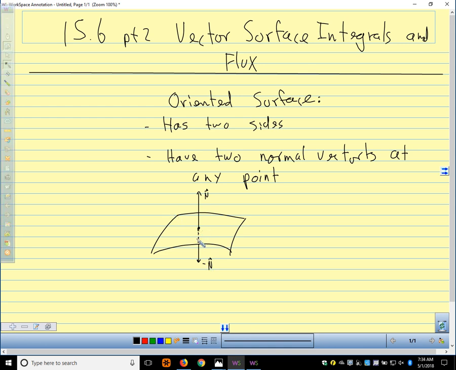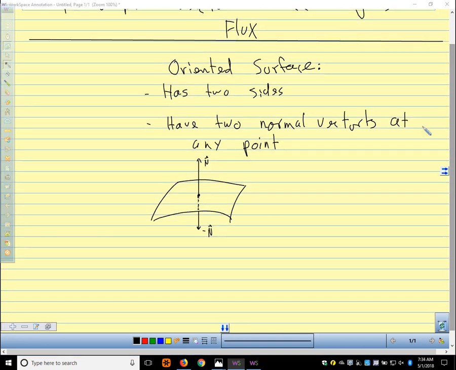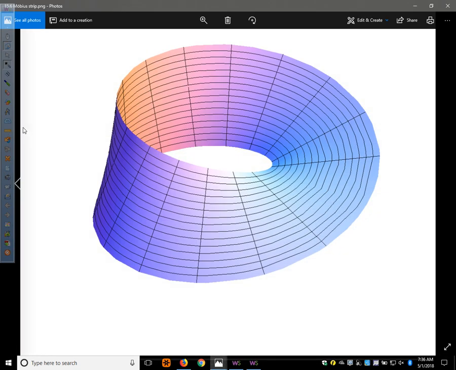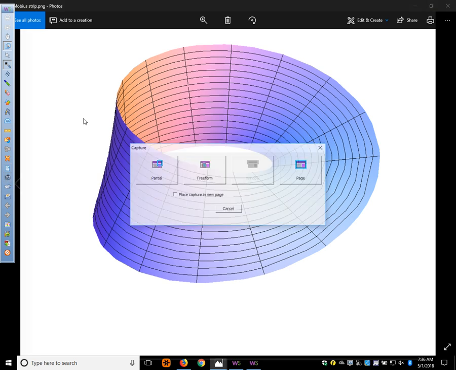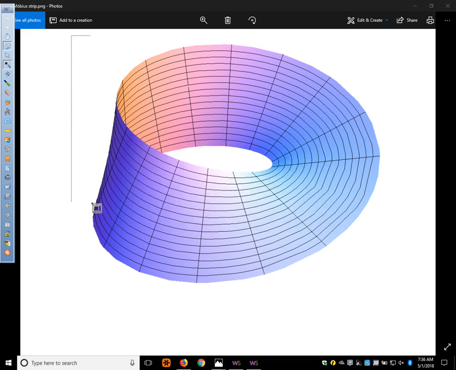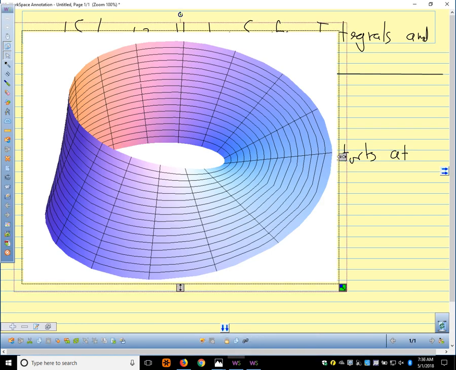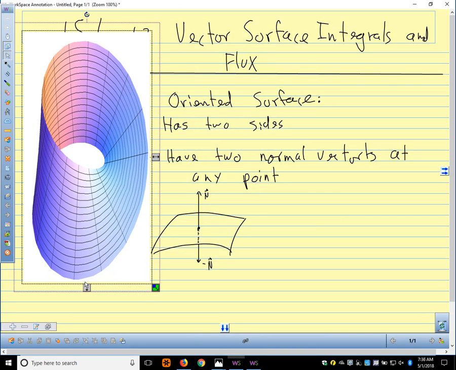An example of a non-orientable surface is a Mobius strip. Let me grab a picture here. A Mobius strip is a surface that has one side.